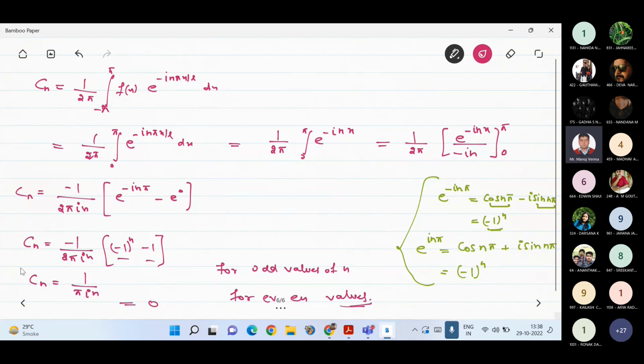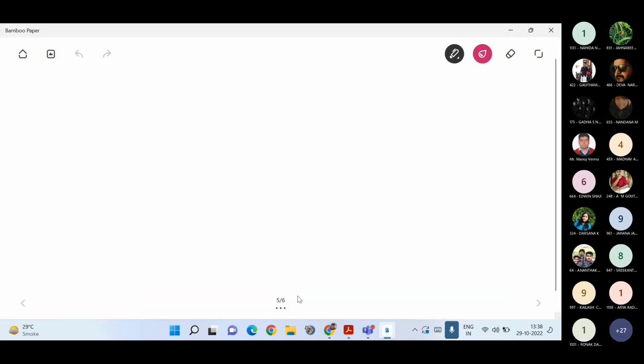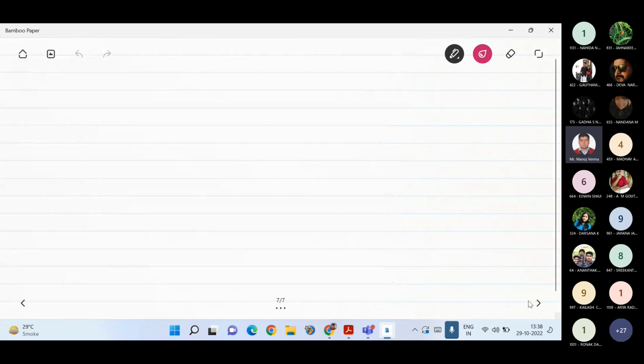So the values of Cn are something like this. Similarly, on exactly the same lines, if I calculate C minus n, then also I can see what the answer will be.